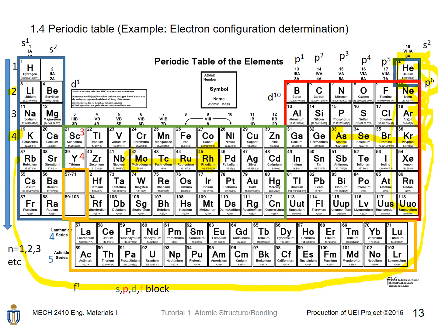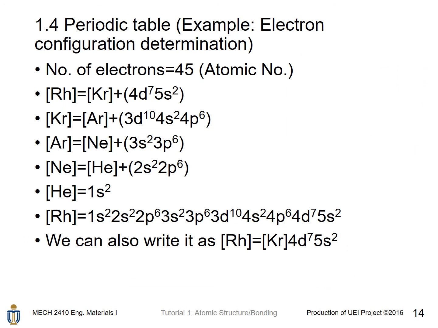You can also use the 2n squared method to determine the maximum number of electrons which can be filled in for each distinct value of n, which I have already mentioned.